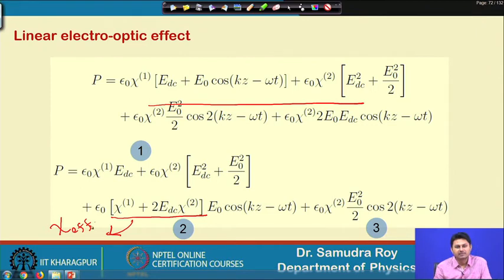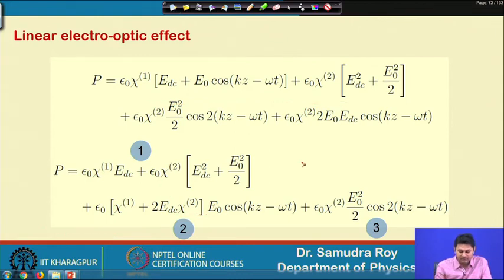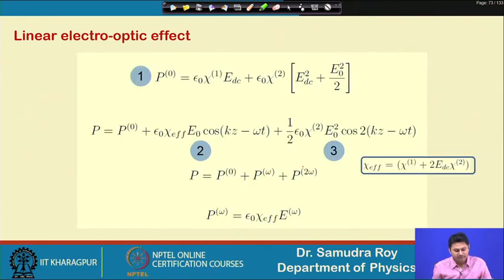Effective means that instead of having susceptibility chi 1, I have chi 1 plus chi 2 multiplied with the additional E DC term. This combination we call chi effective. This chi effective is basically a new linear susceptibility term, which changes the refractive index.